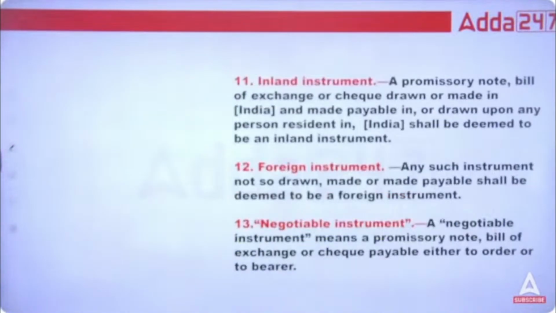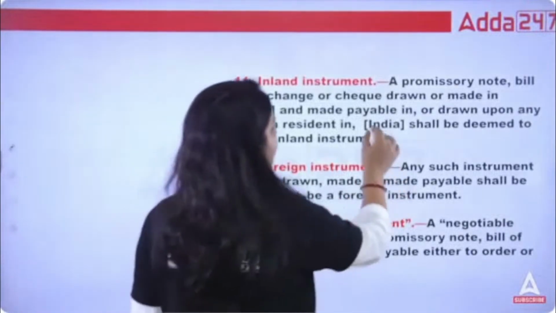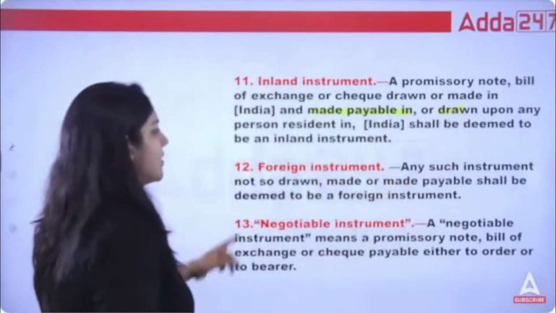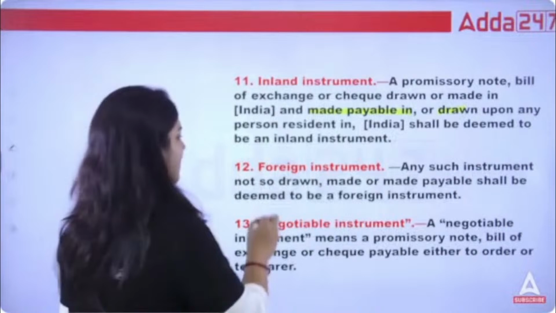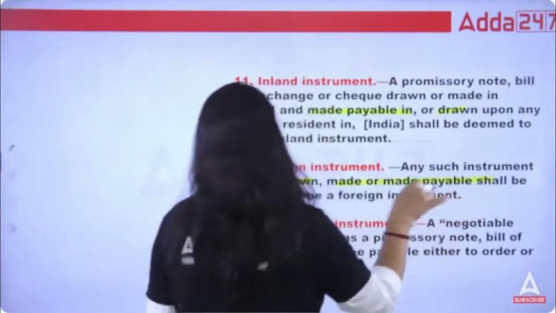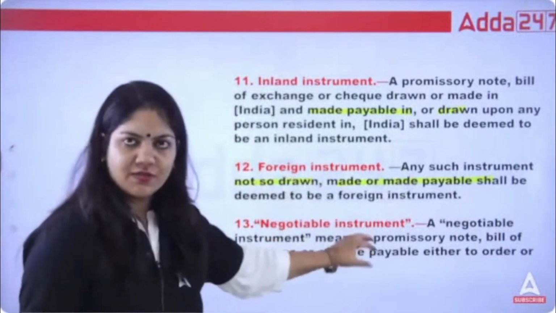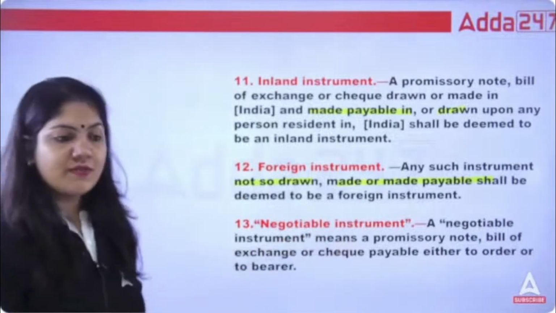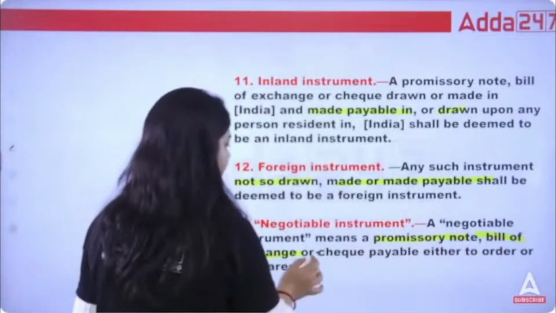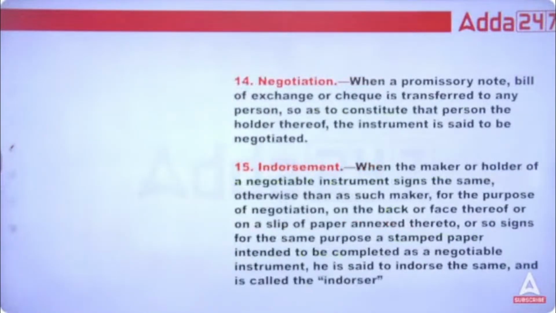Is that okay? What is an inland instrument? Inland is which is made in India, drawn in India. Foreign instrument is that which is not so drawn in India, but made and payable in India. For negotiable instrument, the exact definition is not written. In the Negotiable Instruments Act, it is written that it includes promissory note, bill of exchange, check, etc. What is negotiation?